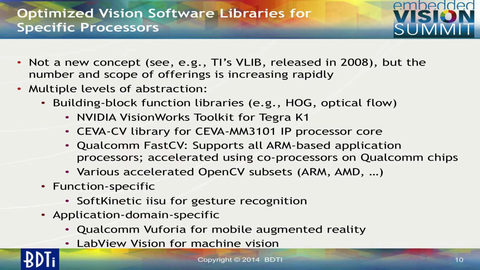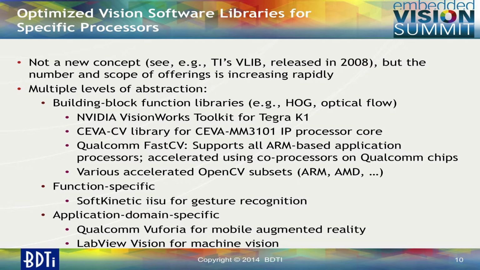In fact, Goxel and his team started developing TI's library in 2008, so 6 years ago. But with increasing interest in vision applications and a growth in the number of processors targeting vision, whether they're vision-specific processor architectures or other kinds of processors like GPUs or FPGAs that are now being targeted for vision, more and more of these vision-specific libraries are emerging.